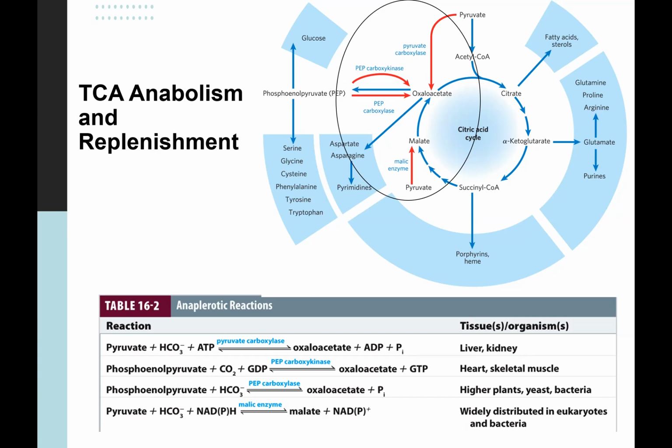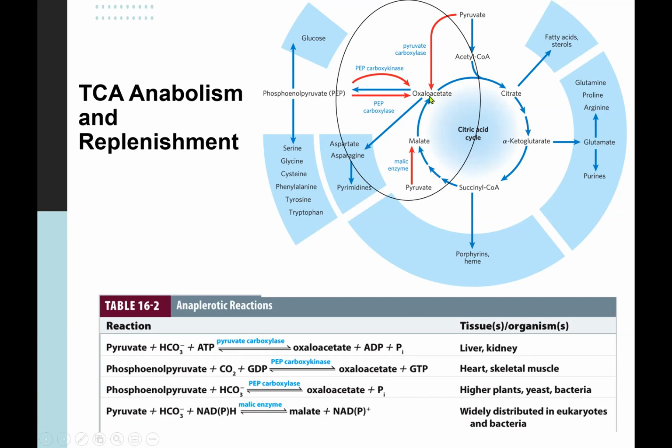It is the first bypass reaction for the last reaction of glycolysis, right? So it's where pyruvate gets carboxylated to form what? Oxaloacetate, and then that oxaloacetate, courtesy of PEP carboxykinase, is converted to PEP. So that's that two-step bypass reaction of gluconeogenesis.